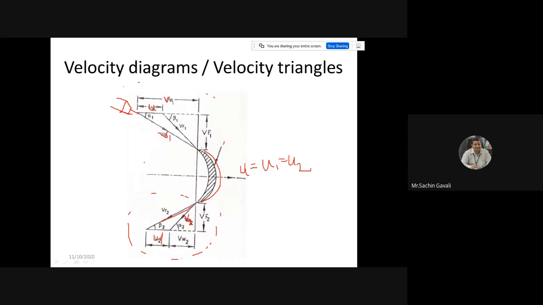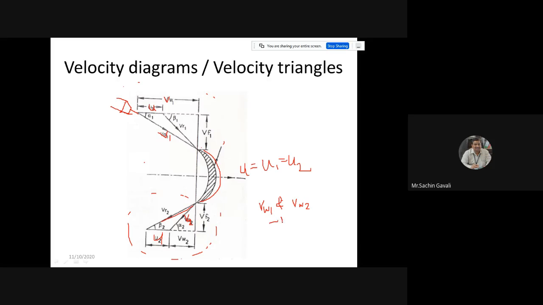Whatever angle v1 makes with the horizontal is alpha 1, and like this v2 makes an angle with the horizontal or tangential direction, called alpha 2. Again v2 has two components, vertical vf2 and horizontal vw2.